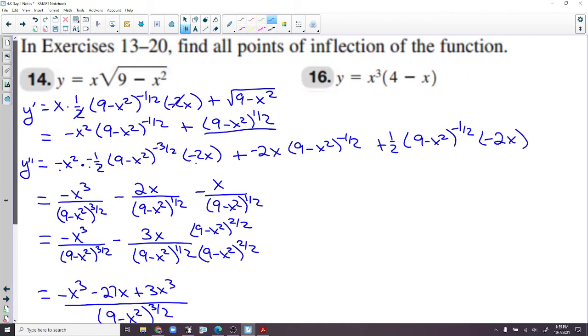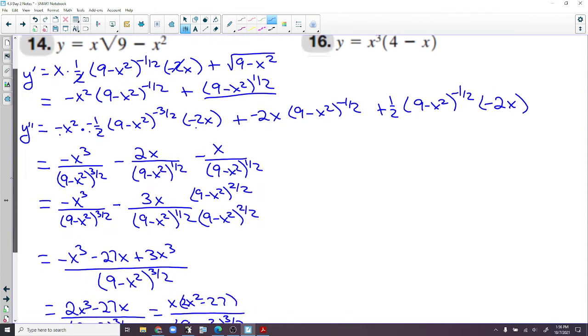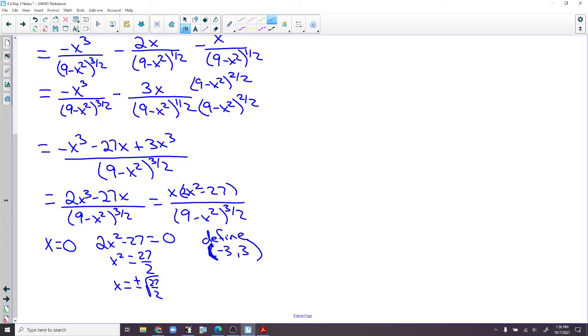But if we look at the original, can we have 3 and -3? Is that okay? Or is it not okay? What about the original? Are we okay? Can you take the square root of 0? Yeah, no problem. So even though we could not include it in the derivative, it is a point on the original function. All right, so we have endpoints here.